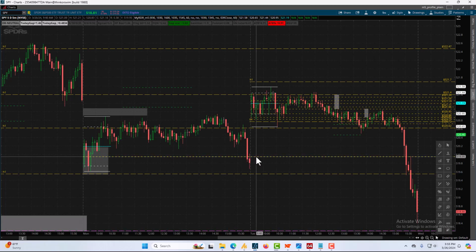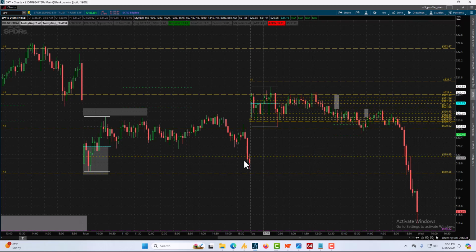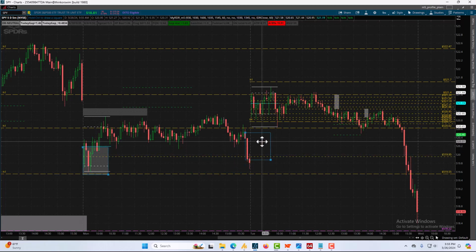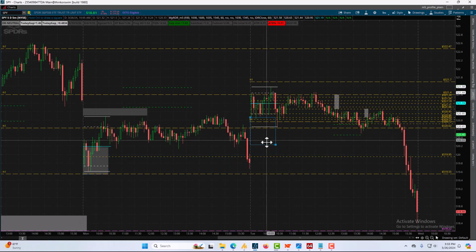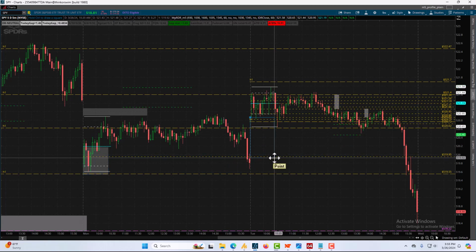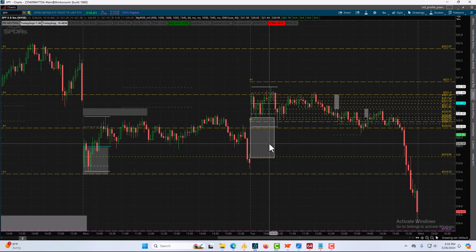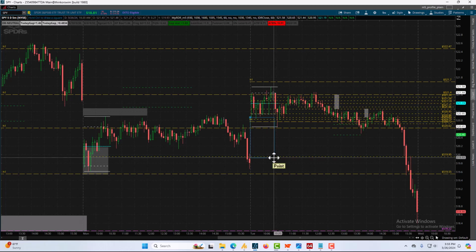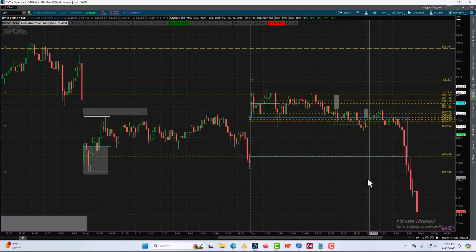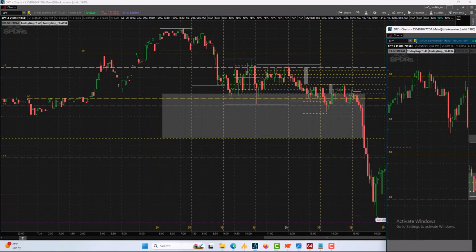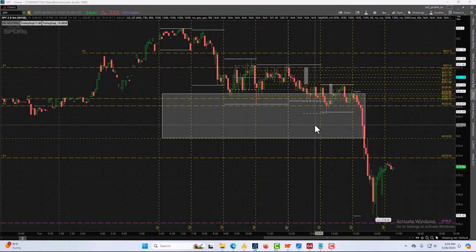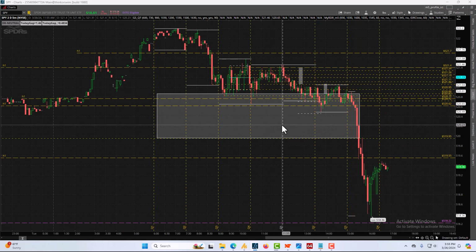You see the gap. Yeah, let me mark the gap. So here's the gap. Let's go back to the other chart and you can see this is the gap.